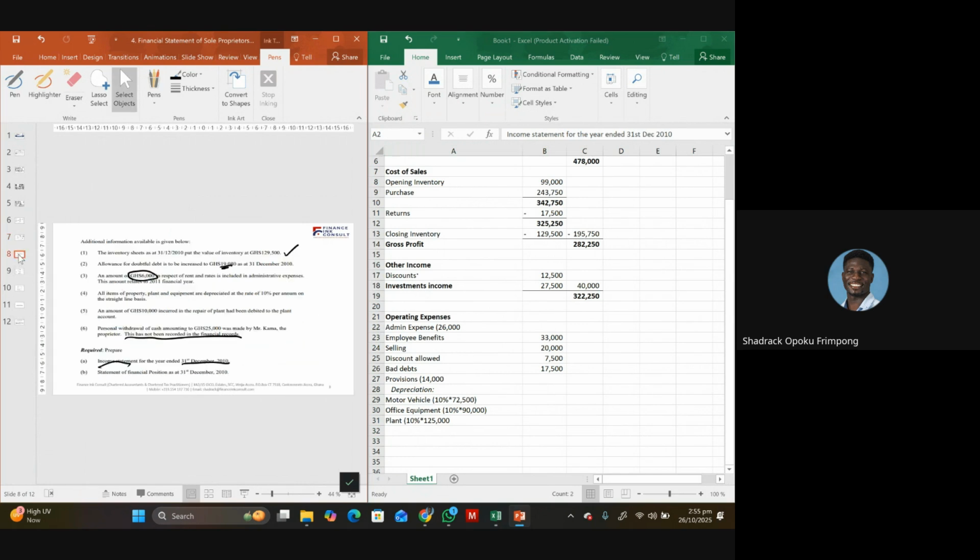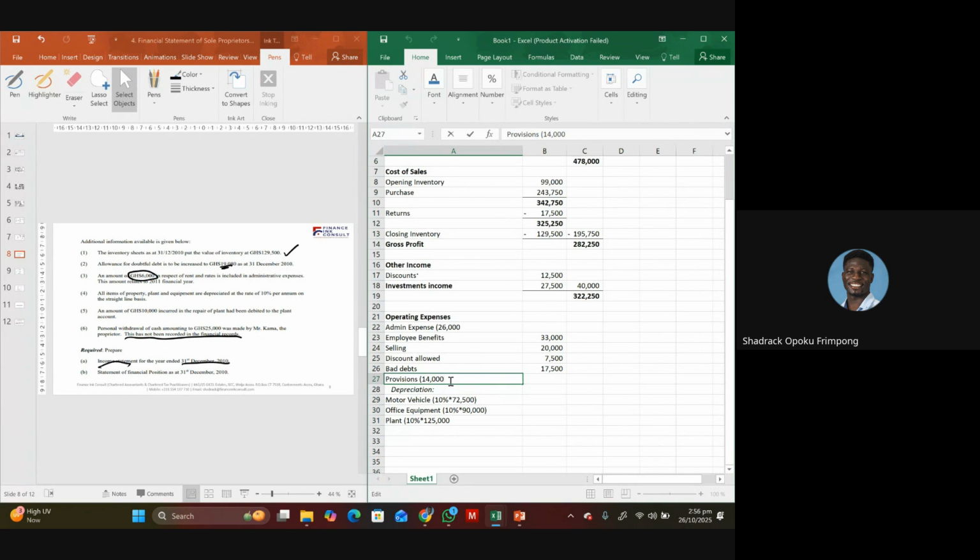Now let's go to the additional information. Let's see what it is saying. We have dealt with the first one, which is the closing inventory. Then we have the allowance for doubtful debt, which we had as 14,000. See the allowance for doubtful debt as a provision you have made: let me put this money aside in case someone doesn't pay me.